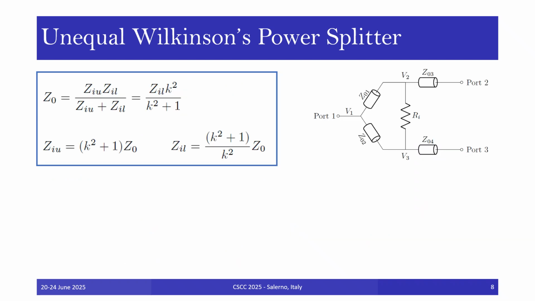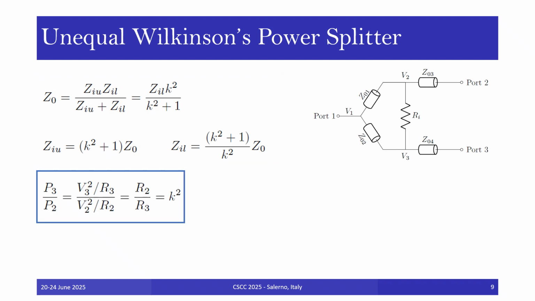Given that the input impedance seen at port 1 is equivalent to the parallel combination of ZIU and ZIL, and which must be equal to Z0 for matching purposes, one obtains these two equations.